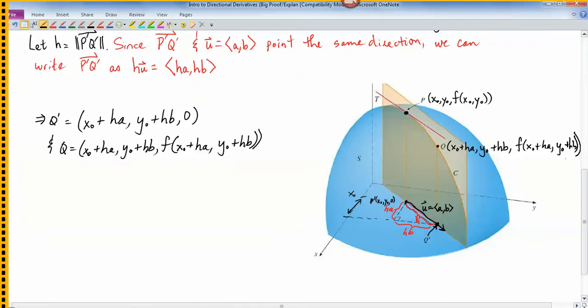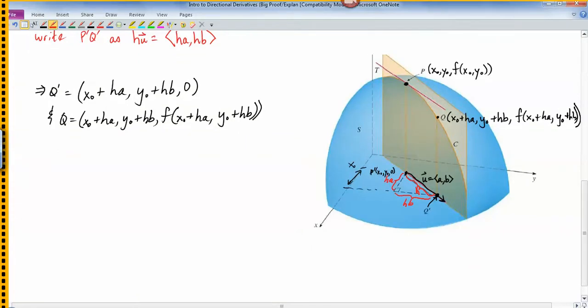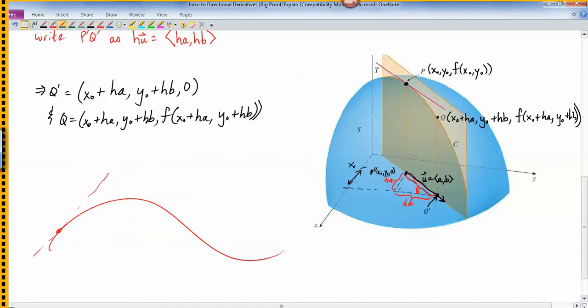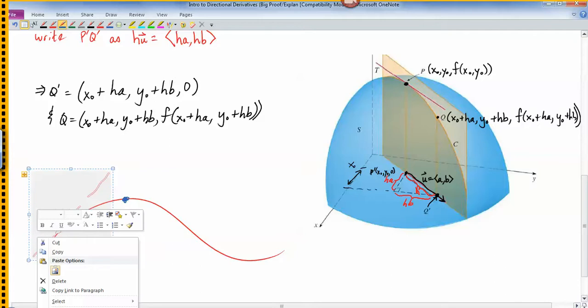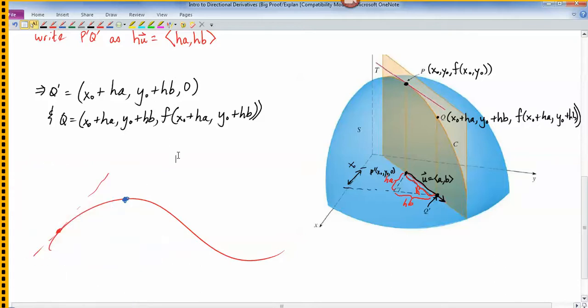So what I want to do is related to single variable calculus. The way you get the slope of the tangent line in single variable, let's say I want the slope right here. Then in single variable calculus, what you actually do is you pick a point close by and make a secant line, and then you force this point to get closer to that point.